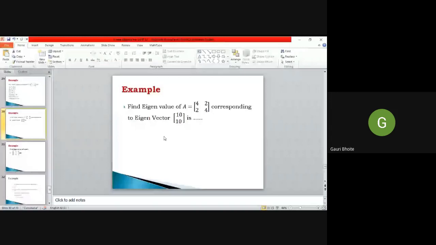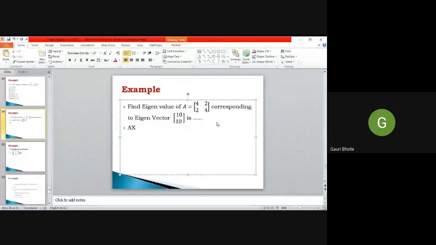Okay. So the hint is given: Ax is equal to lambda times x. I write k instead of lambda, so Ax is equal to k times x. So you have to find the value of k.